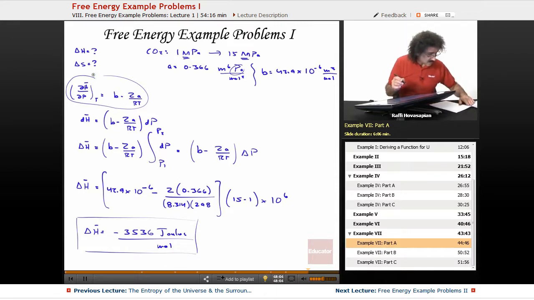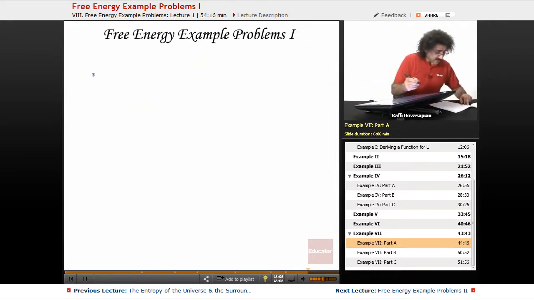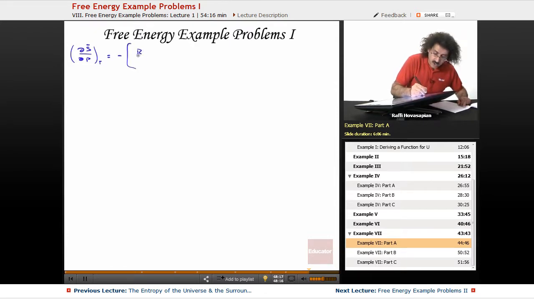Okay. Now for the delta S. We worked out that dS/dP at constant T is equal to minus R over P plus RA over (RT) squared.